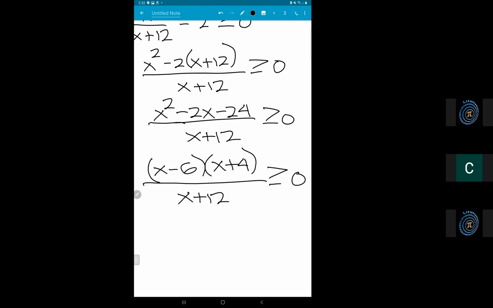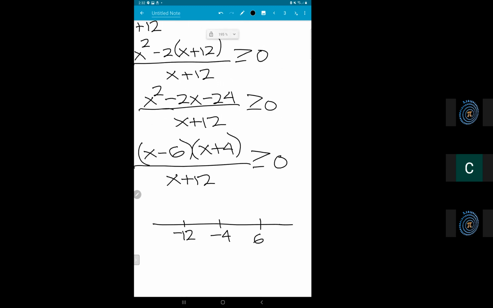And let me just show you the sign chart without having to go into the details. So the partition numbers are negative 12, negative 4, and then 6. And the undefined at negative 12, then zeros at negative 4 and 6. And then the correct order of signs, plus, minus, plus, minus, from right to left.